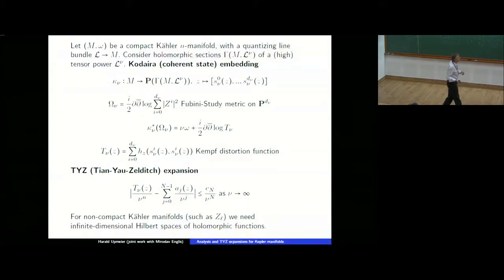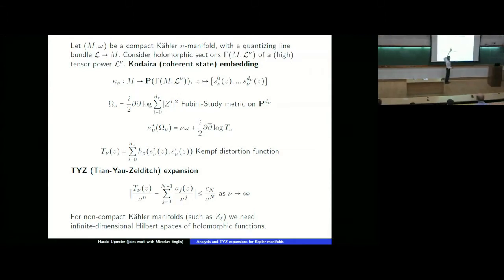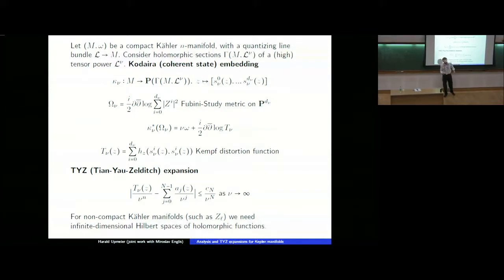So that's the precise formula, dd bar log T nu, and T nu can be written in terms of this distortion function. So the distortion function measures how far apart the quantum symplectic form, coming from the Kodaira embedding, is from the classical symplectic form.